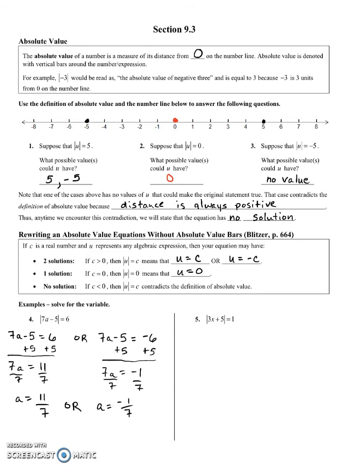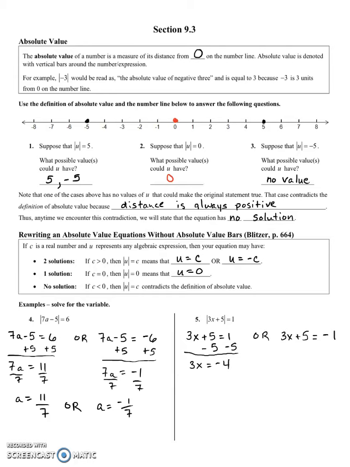Okay, number 5 is the same as the last one. So we have either 3x plus 5 equals 1, or we have 3x plus 5 equals negative 1. Now we go back and we solve. Subtract 5 from both sides. We get 3x equals negative 4. Then divide by 3.